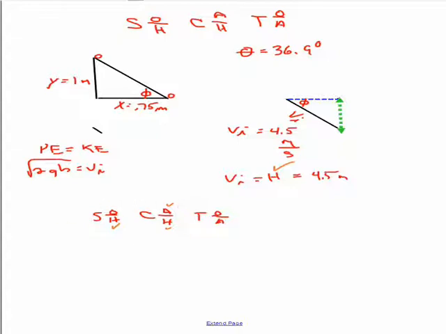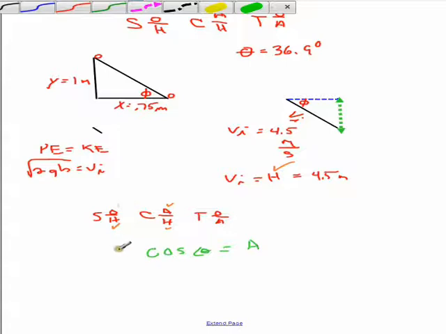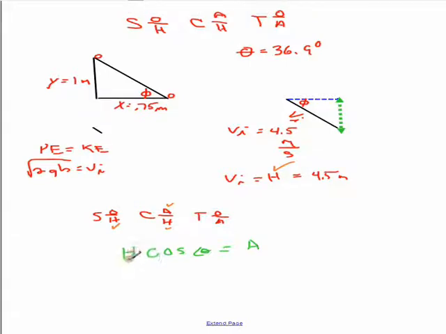So my formula looks like it's going to be this one: the cosine of the angle is equal to the adjacent over the hypotenuse. Okay, and if I cross multiply this so that this goes away, that H ends up being right over here. And here's my formula: H times the cosine of the angle.